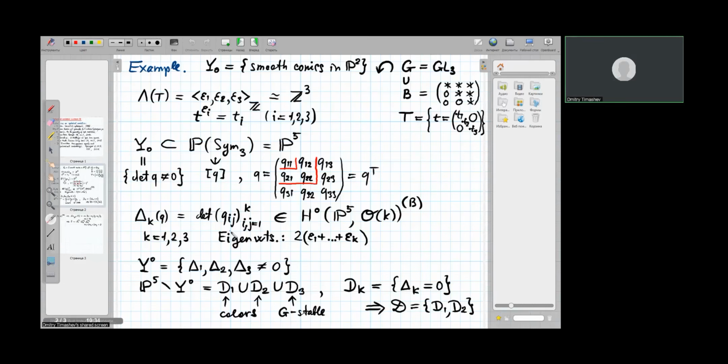This doesn't make any essential difference because the valuation will be the same. So here, I prefer to consider colors as divisors in P5. D1 and D2 are closed codimension 1 irreducible subvarieties in P5. Of course, if you intersect D1 and D2 with Y0, you will get colors on Y0.